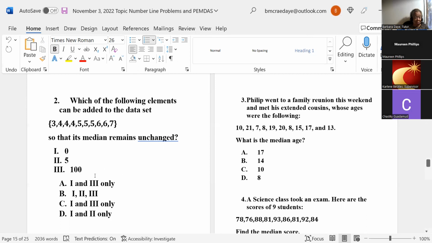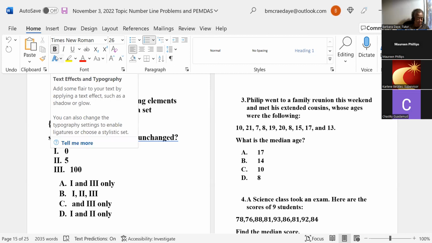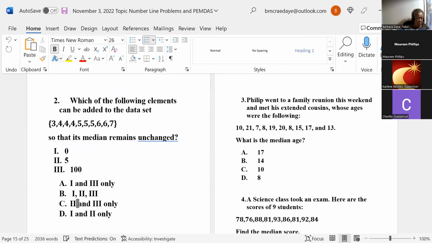Your choices are 1 only, 1 and 3 meaning 0 and 100, 1, 2, and 3 meaning all of them, and 2 and 3 would be 5 and 100.